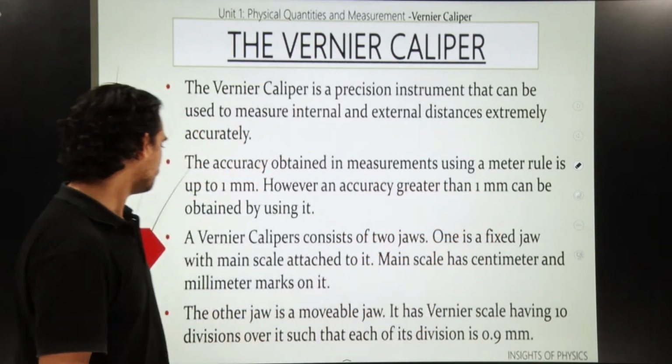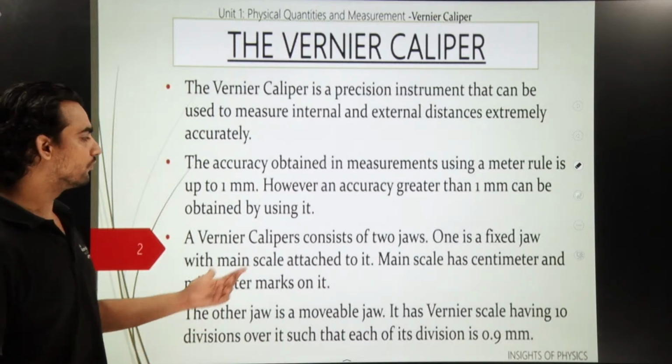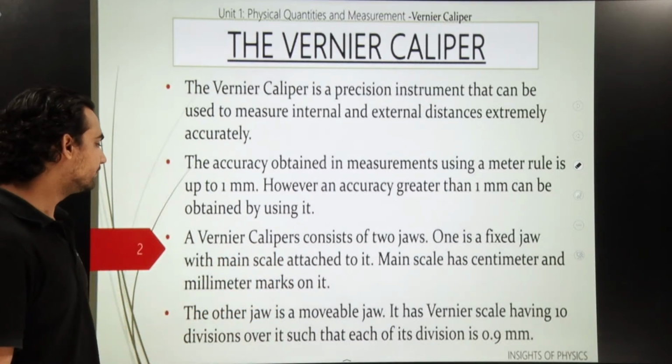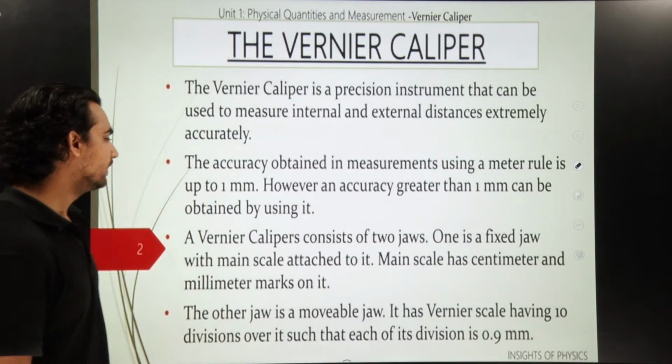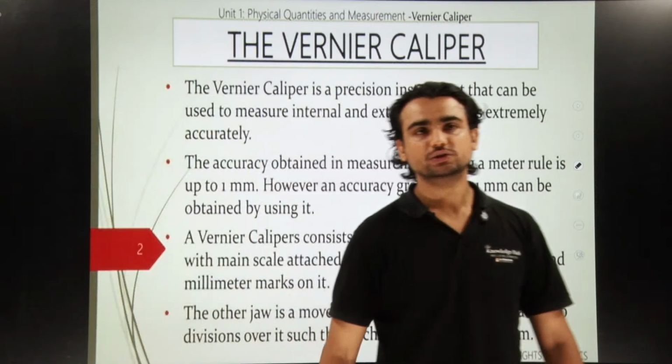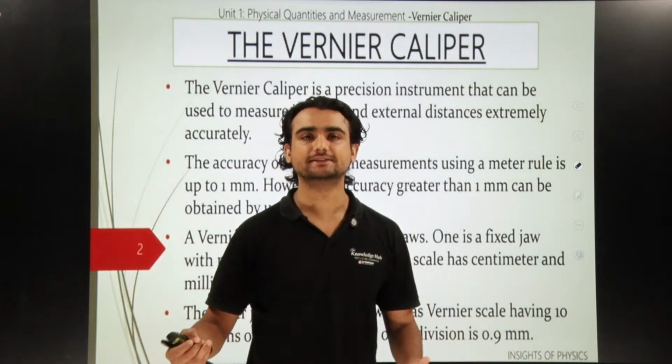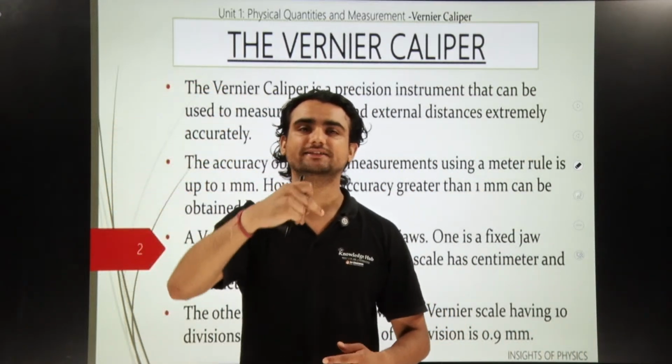A Vernier caliper consists of two jaws. One is a fixed jaw with the main scale attached to it, and the main scale has centimeter and millimeter marks on it. So Vernier caliper is made up of two scales. One is a main scale, another is a secondary scale.